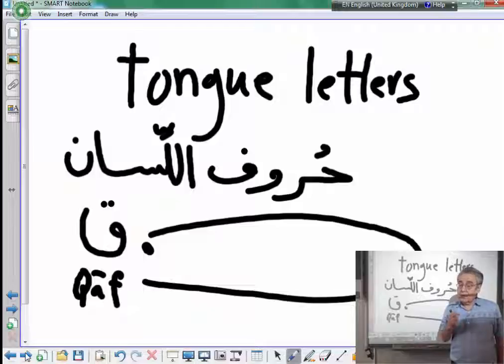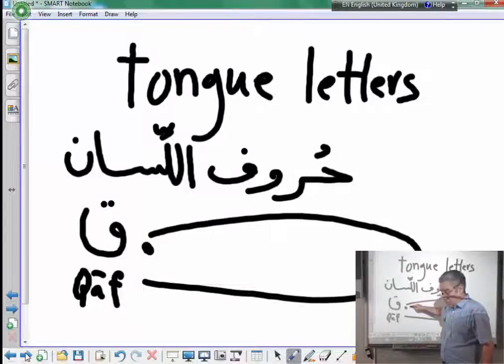Pronouncing iq requires pushing the end, or let us say the beginning or the end of the tongue, a little bit up to touch the palate of your mouth, and the letter will be pronounced iq.